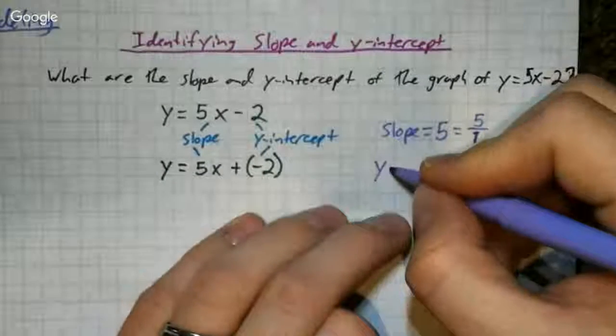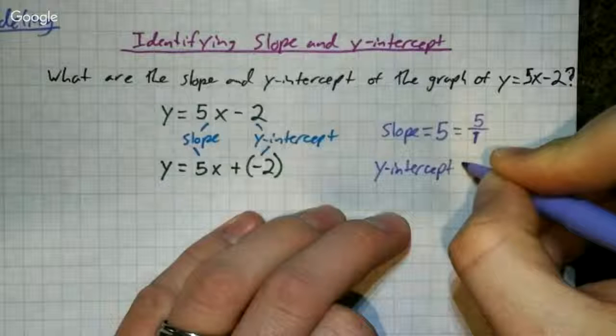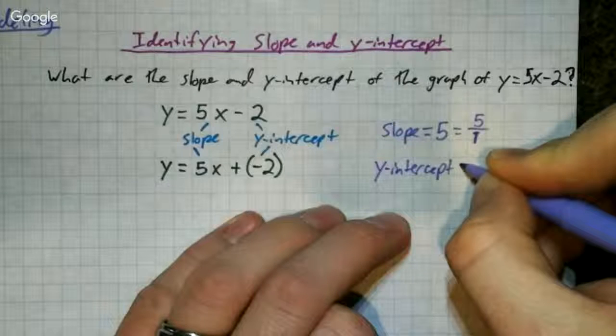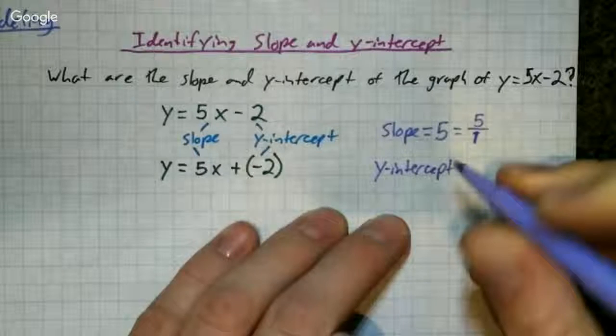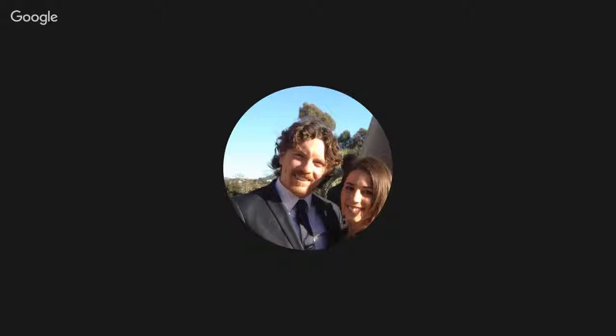The y-intercept, not 2, negative 2. So the line will... Next one. That one's simple enough. It's just taking slope-intercept form and remembering which piece is the slope and which is the y-intercept.